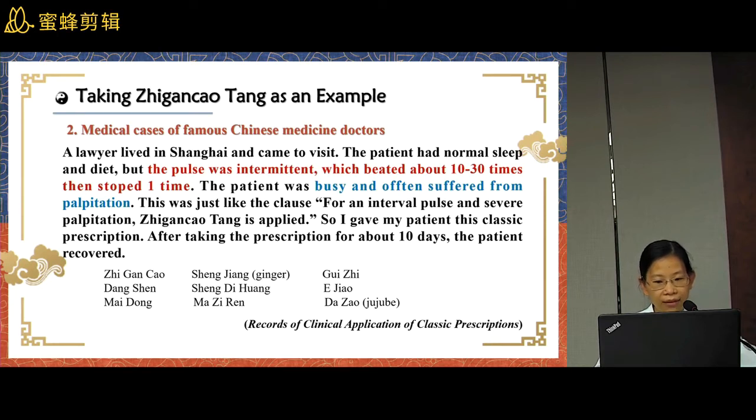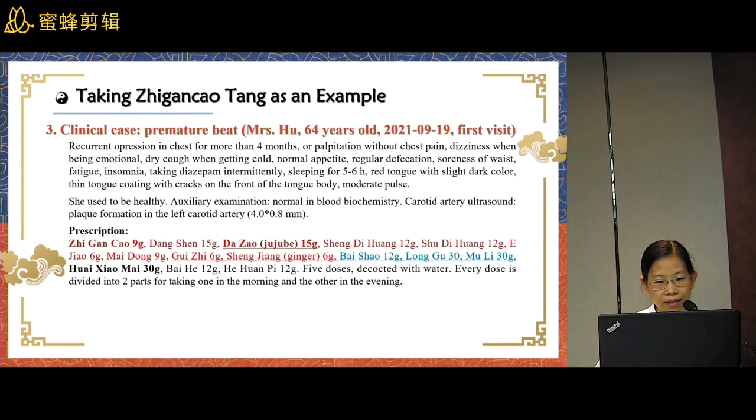The core of the disease is firstly the main symptom, palpitation and restlessness. Secondly, the main sign, the intermittent pulse, which beat for 10 to 30 times and stopped once. They are consistent with Zhang Zhongjing's description, so 炙甘草汤 is applicable.